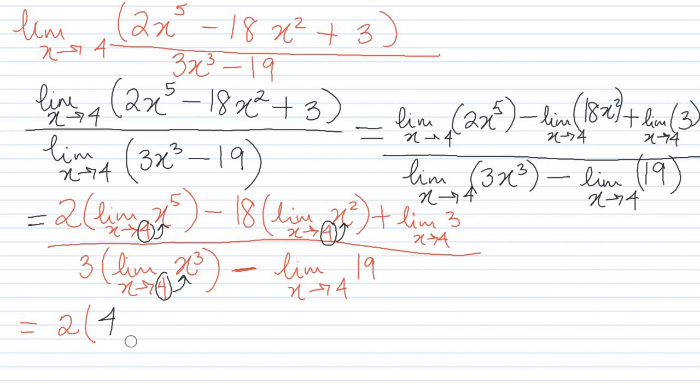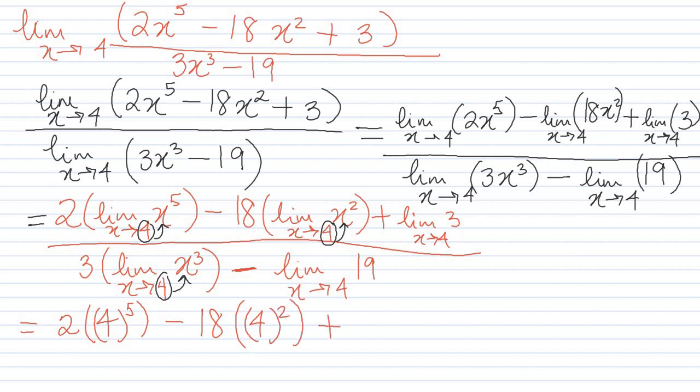We make it consistent, back to red marker: 2 times 4 to the 5th, minus 18 multiplied by x squared, so we multiply by 4 squared.